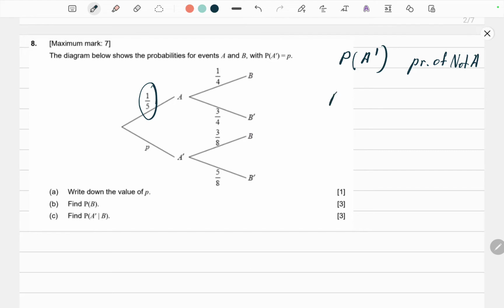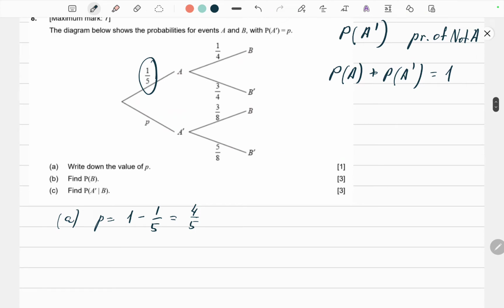We know the formula: 1 minus the probability of A. Usually students intuitively apply this formula and can write the value immediately. So for not A, it is 1 minus 1/5, which is 4/5.